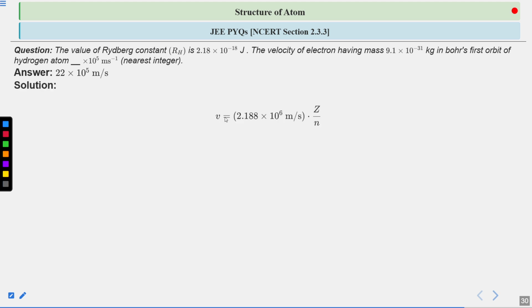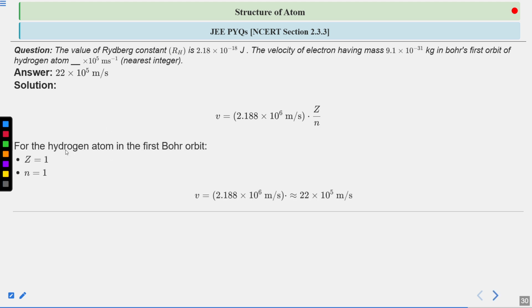So the velocity V is 2.188 times 10 to the power 6 times Z by n. This is the formula, right? So velocity is 2.188 times 10 to the power 6, multiplied by Z, which is the atomic number, divided by n.